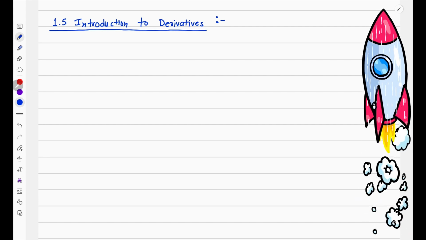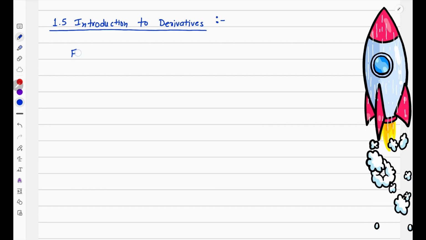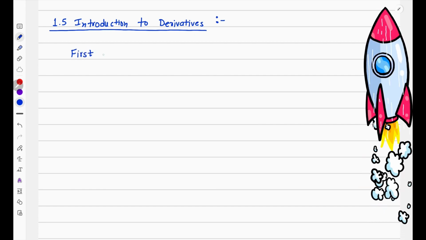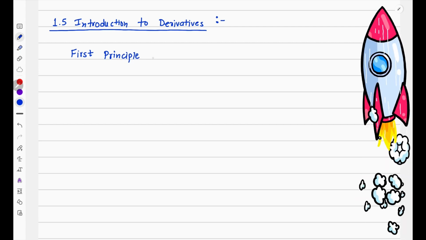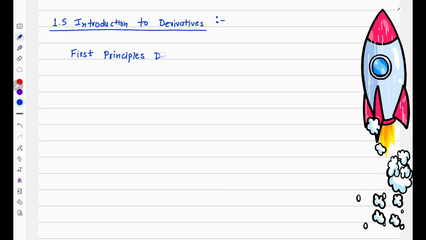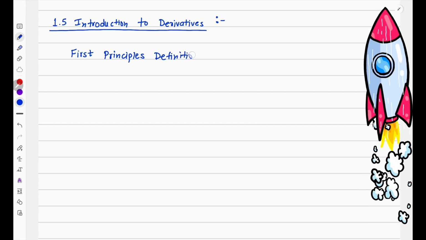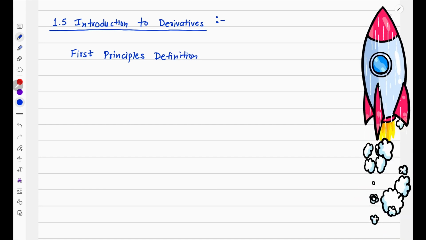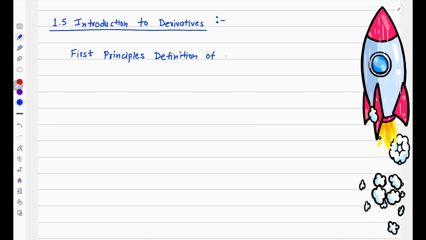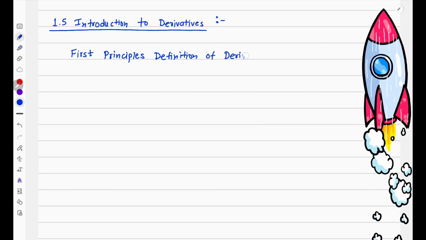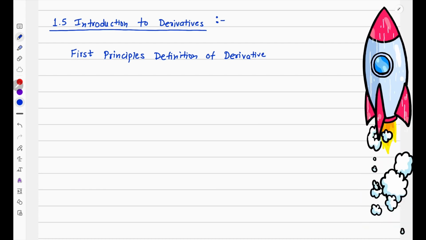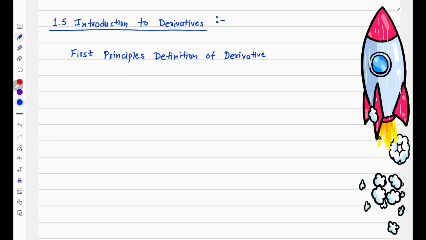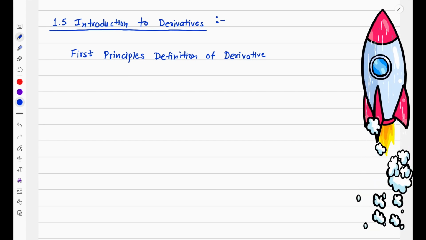So the first topic is the first principle definition of the derivative. In the first principle definition, we have a function f(x) and we want to find out the first differentiation of that.